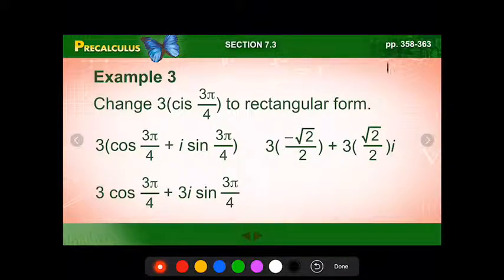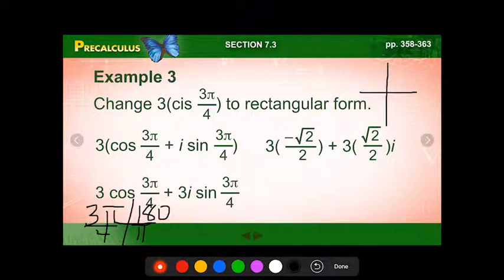All right, so if we were to draw this out, 3 pi over 4, again, if you want to think of it in degrees, that may help you. 3 pi over 4, convert it to degrees. That's going to be pi down here and 180 up here. So the pi's will cancel. This will give me 45. So 3 times 45 is 135. So we need to draw this triangle in the second quadrant.